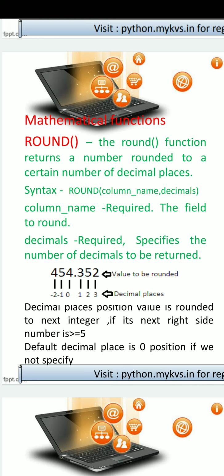But in maths or in SQL or MySQL, we have to specify up to what decimal places we want to round the number. So the syntax of the round function is select, then column name, or here we can mention the value also. If we are trying to find the rounding of a particular column's value, in that case we will mention the column name, otherwise we can pass a numerical value here, and the second argument, that is decimal places. Both are required.